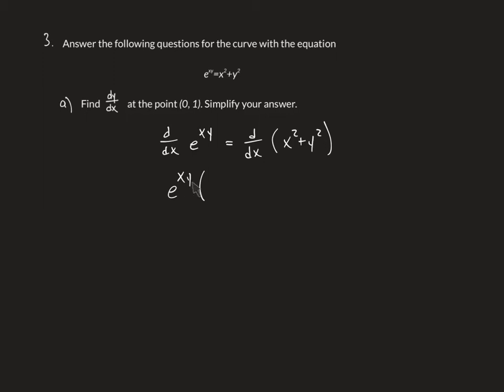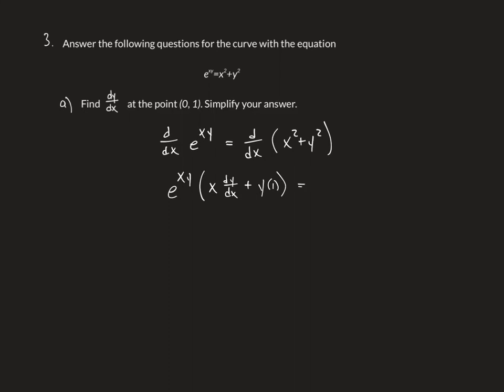There's a product rule happening here where my f function is x and my g function is y. So I'm going to have f times g prime, and the derivative of y with respect to x just has to be called dy dx because I don't know what that derivative would be, plus now I have to do g times f prime, y times the derivative of x, which is 1. Remember, x is a variable, y is a function.